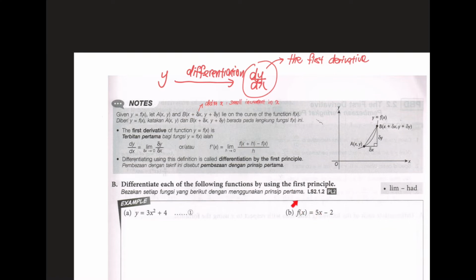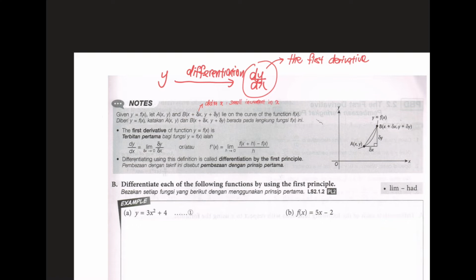It's the same idea, but they use f(x) for this. For y, you use this. You know, y after differentiation is dy dx. This one I explain later, so I start with this first. Let's see how we use this formula. When you use this formula to find dy dx, we call it differentiation by the first principle.